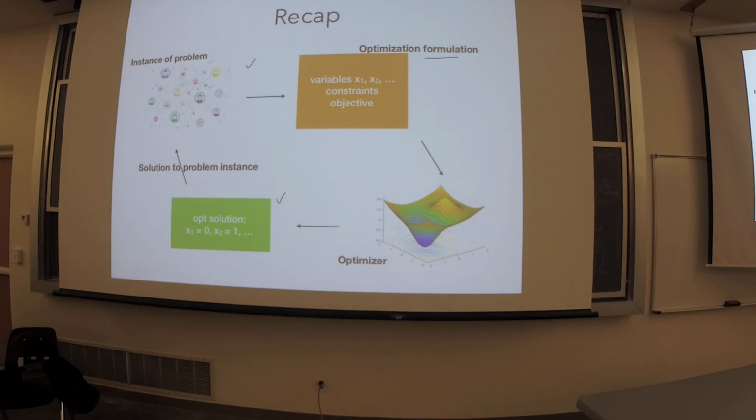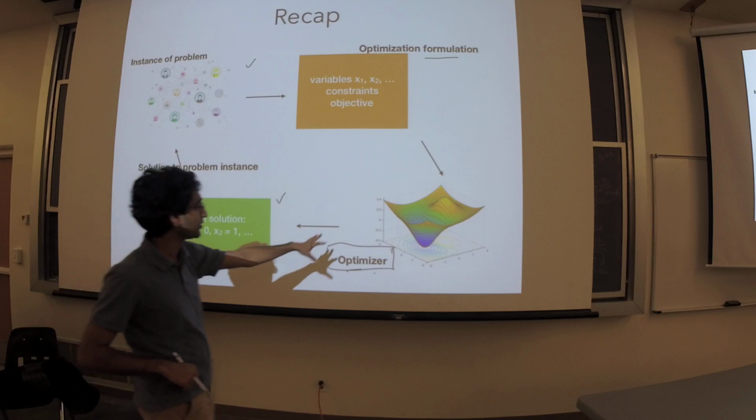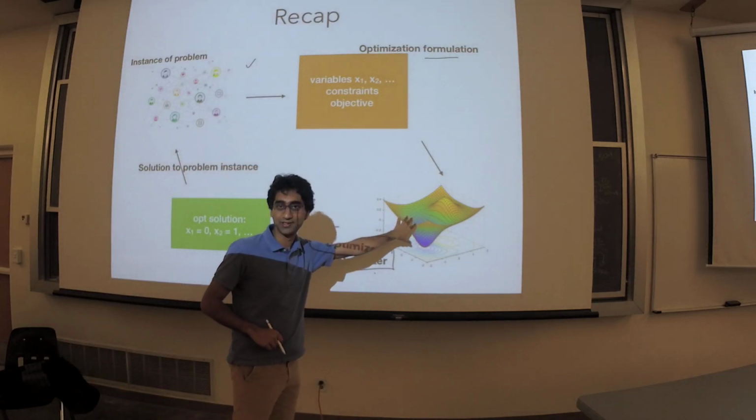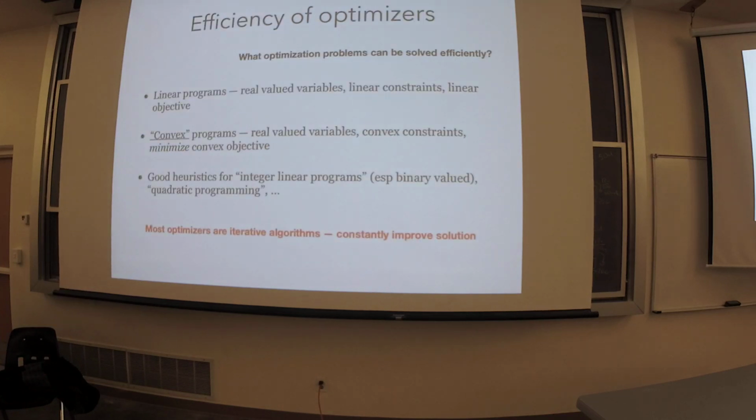Okay, so let's now look a little bit at this part. I want to say a few words just to give a sense of where this paradigm is useful. So far we've seen some examples of optimization formulations. We haven't spoken about when this is actually efficient. So I want to spend a few minutes on this.